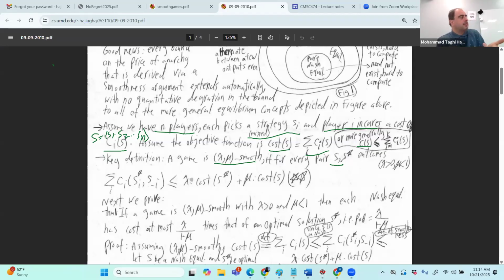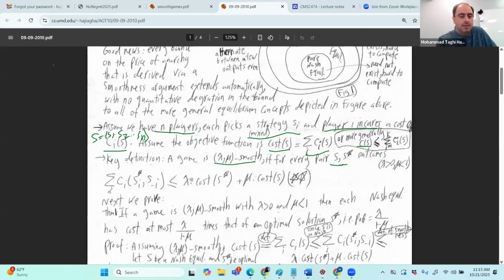An outcome here essentially means that the people are taking different strategies. So S and S star are just two strategy profiles, or vectors of strategies. S star is the optimum that we will talk about.